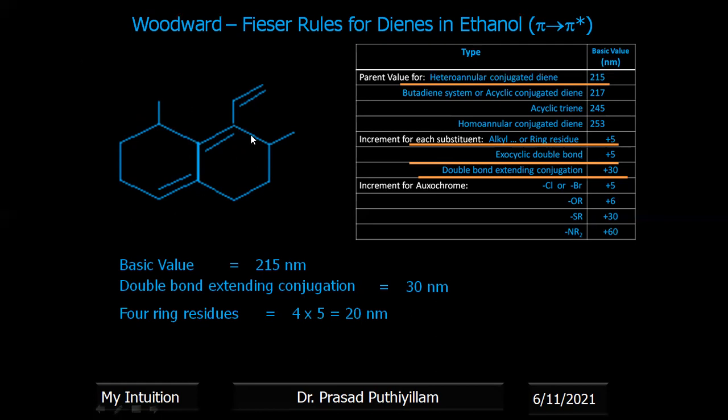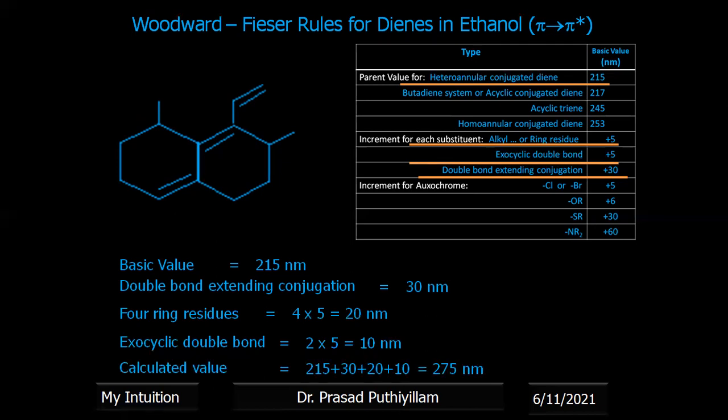This double bond is not exocyclic. This double bond is exocyclic to ring A, or the first ring. This double bond is exocyclic to the second ring. So 2 exocyclic double bonds are present, 2 into 5, 10. So the calculated value is 215 plus 30 plus 20 plus 10, 275.